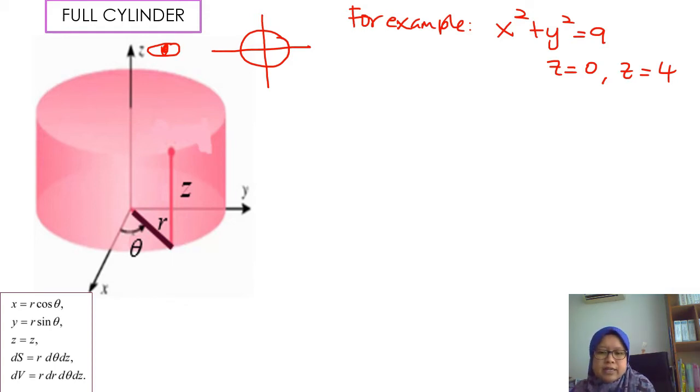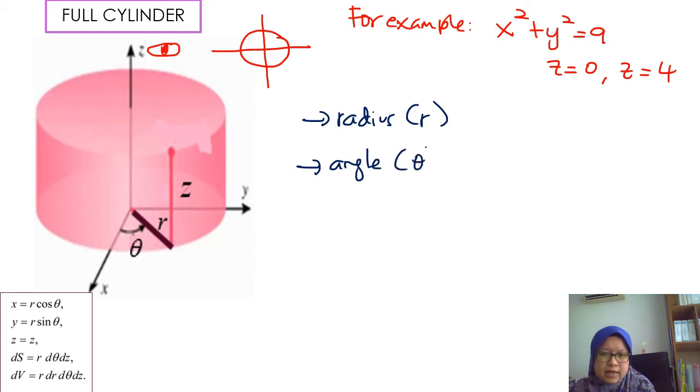Then from this, you should know the radius of the cylinder, denoted as r. You should know the angle of the cylinder, denoted as theta, and you should know the height of the cylinder, denoted as z.